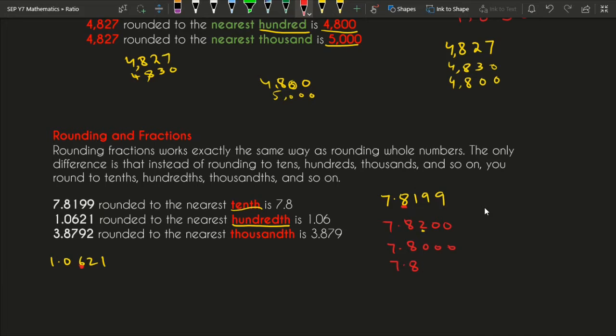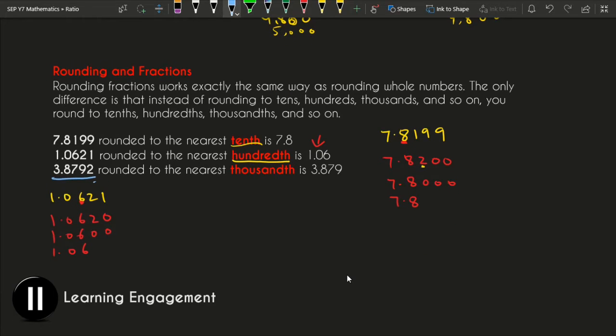6 occupies the hundredth position in the number. 6 is followed by 2, which is less than 5. Thus 2 is dropped and the answer is 1.06. The next number needs to be rounded to the 1000th place. Try this. Pause the video.